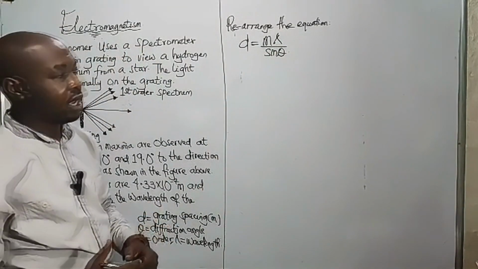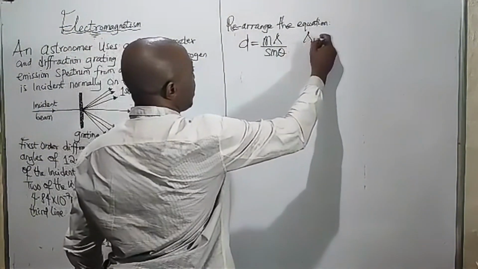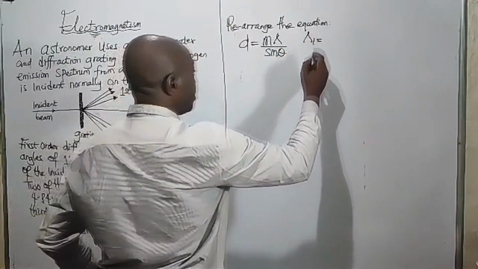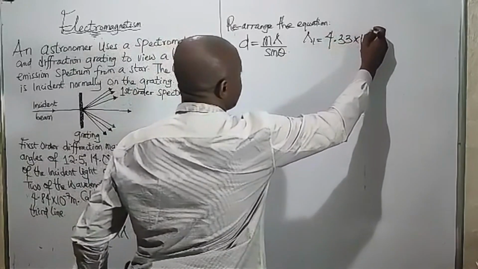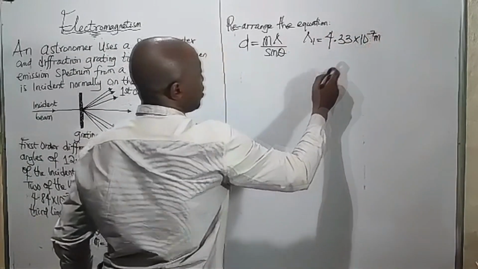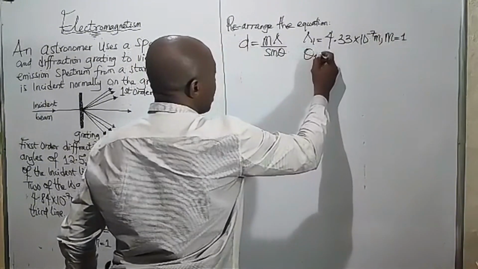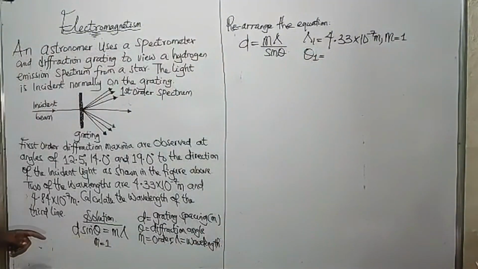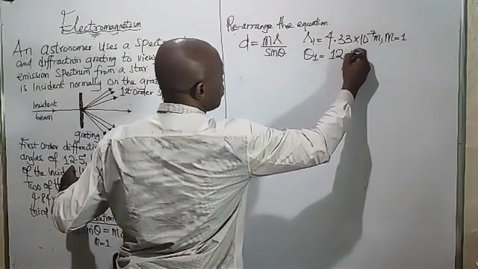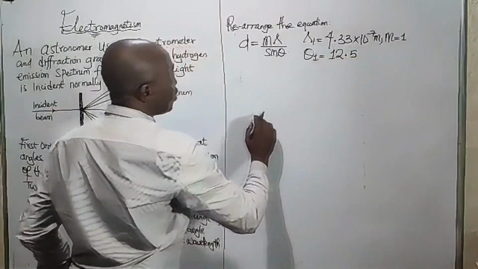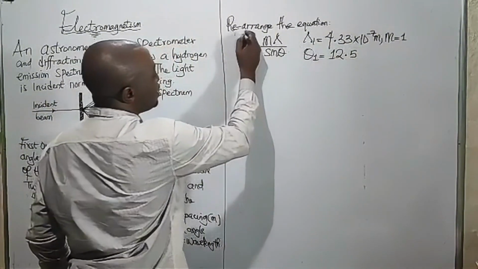Now we know the first wavelength is given to be 4.33 times 10 raised to the power of minus 7 meters. m is the order, and the grating angle we are given is 12.5. So now we're going to calculate the value of d.